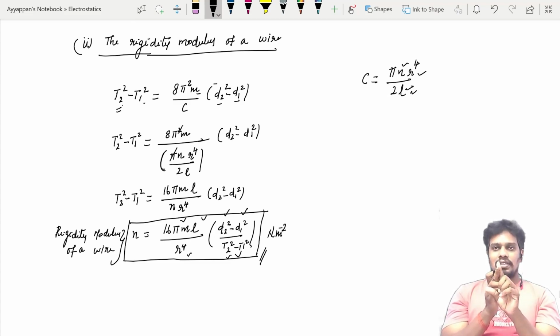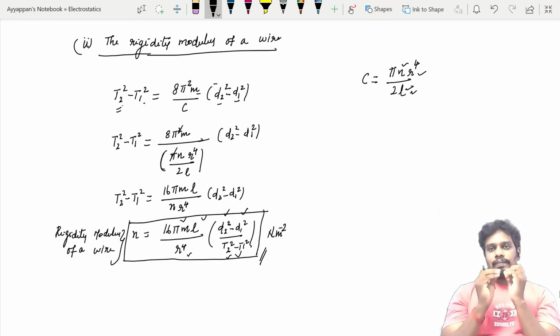Then using the torsional oscillation, we saw how we can calculate the moment of inertia of the disk using the experimental tabular columns, then the rigidity modulus of the wire. Everything is a measurable quantity. So this is a simple theory. Anyway, in the next class we are going to do the same experiment using the virtual lab. That is the thing we are going to try. Okay, thank you.